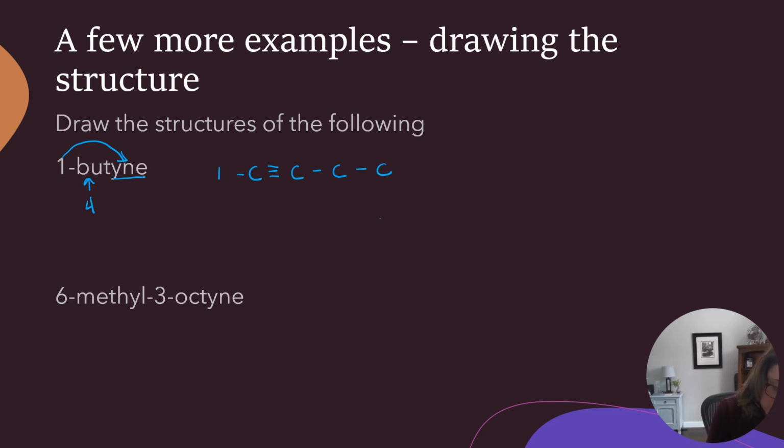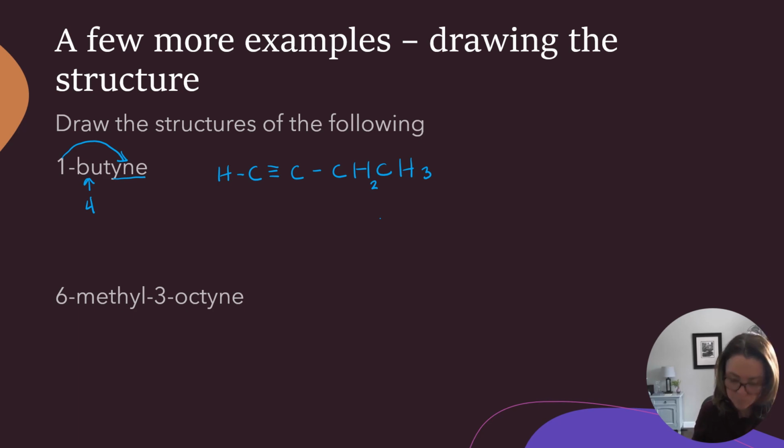Carbon number 1 needs 1 hydrogen to make that complete. Carbon number 2 already has 4 bonds, so that carbon is completely fine as is. Carbon number 3 needs 2 hydrogens to be complete, and carbon number 4 needs 3. And so that is the structure of 1-butyne.